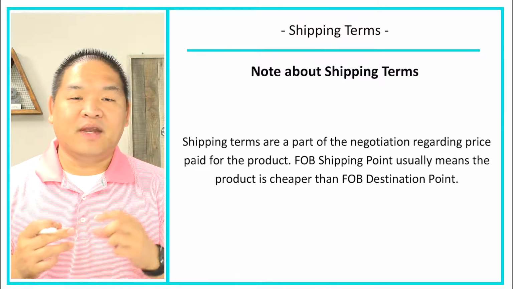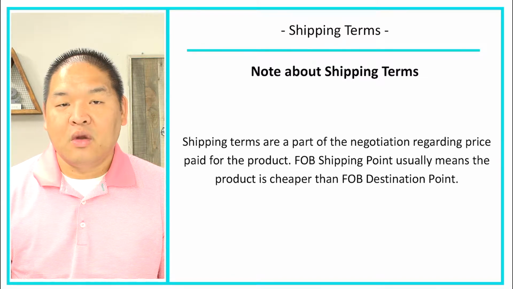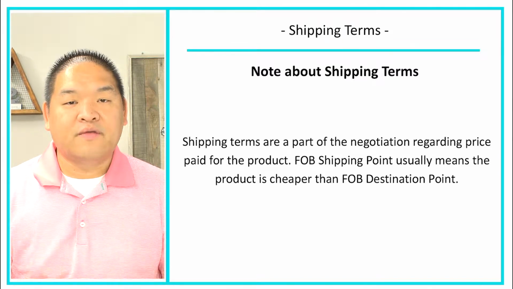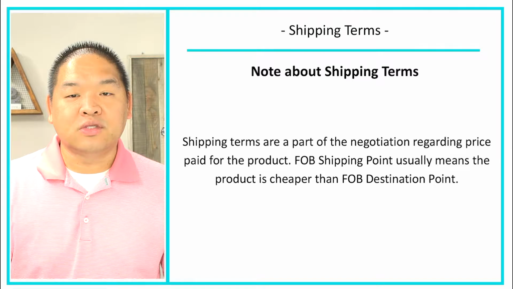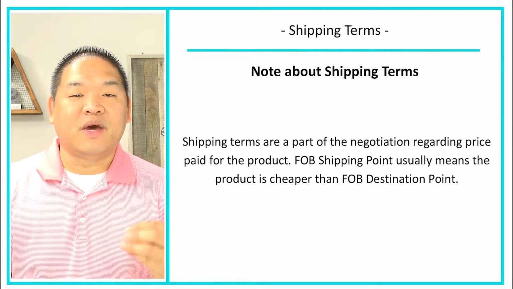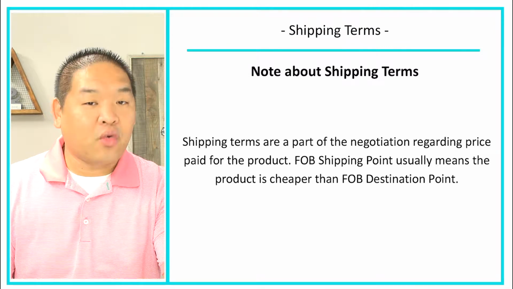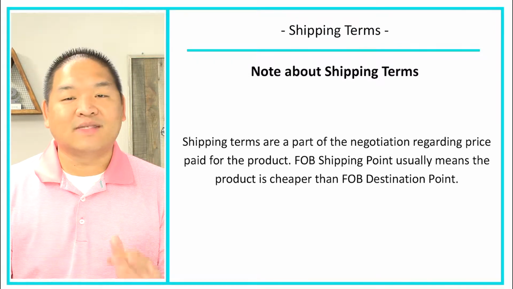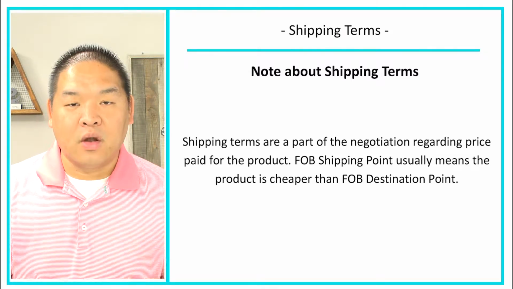It's just they're not paying an inflated price that the shipper would normally charge. So again, this is a great ploy from a negotiation standpoint to reduce the cost of your product, because by reducing the cost of your product, you have a better competitive advantage on price for your customers. So do anything you can to lower that price, and this is one way you can lower it.